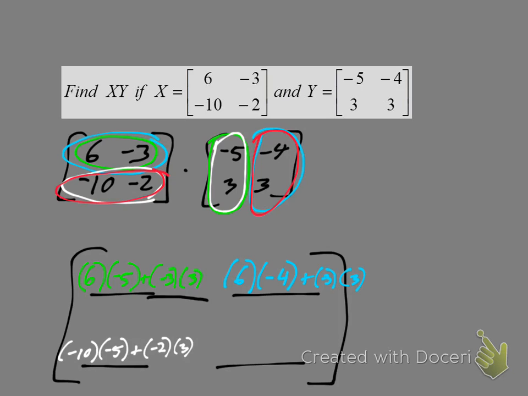Until your signs take over on the back end, right? Like it's going to on the white one. But in between the two products, it's plus. Let's see where I'm at. Negative 10 times negative 4 plus negative 2 times 3. Okay.